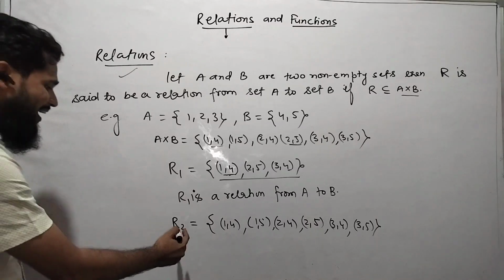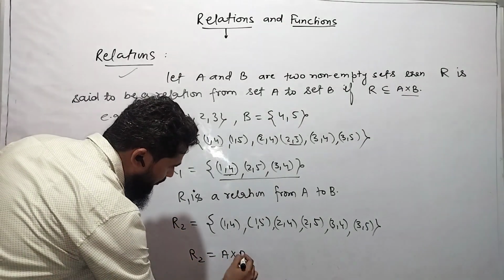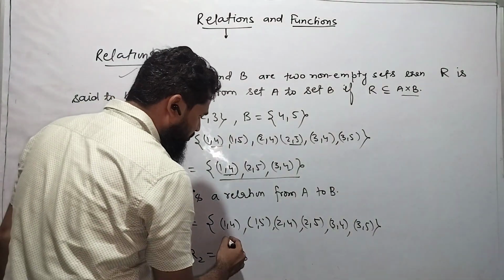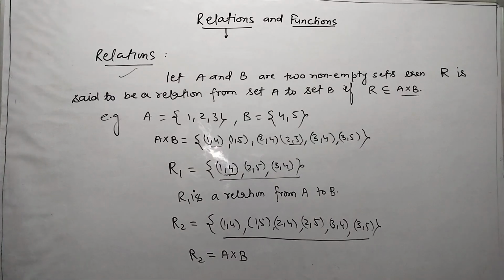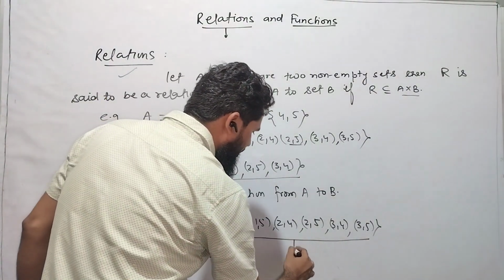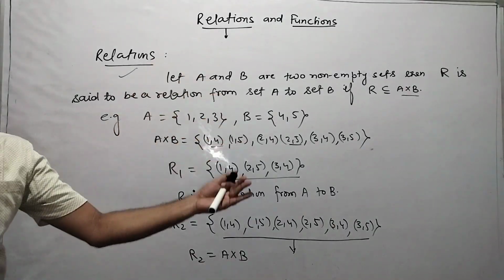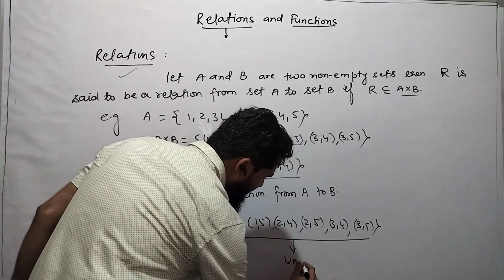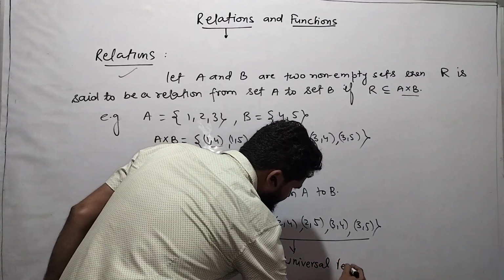Yes sir, because R2 is equal to A Cartesian product B. Therefore, this R2 is known as universal relation. क्या बोलते हैं बेटा इसको? Universal relation. कब? When R is equal to A Cartesian product B. इसको बोलते हैं बेटा universal relation.